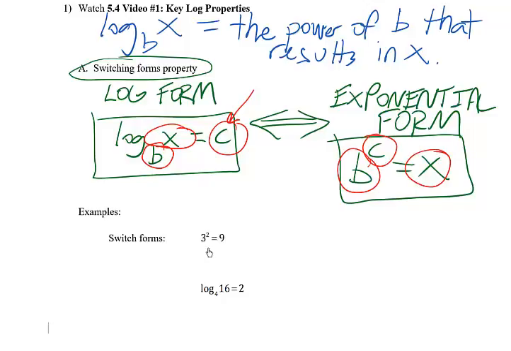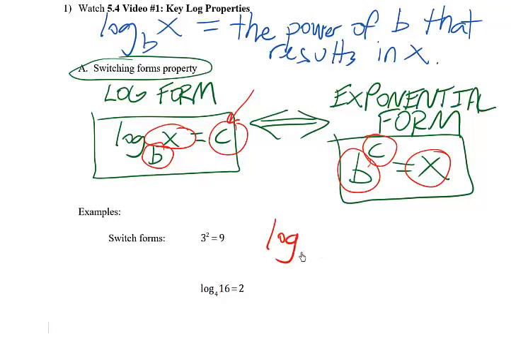Here are a couple of simple examples down here. The directions say switch forms. Well, this first example obviously is written in exponential form. Exponential form is a base, a power, and a result. One base, one power, one result. To switch it to log form, I just need to write the corresponding logarithmic equation. To do that, I always start with the log.